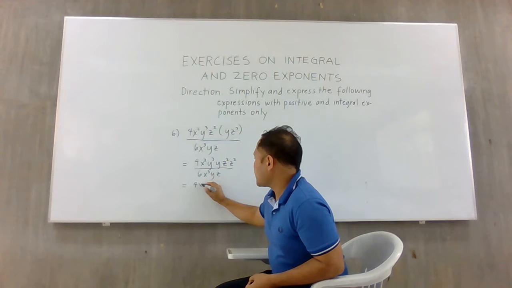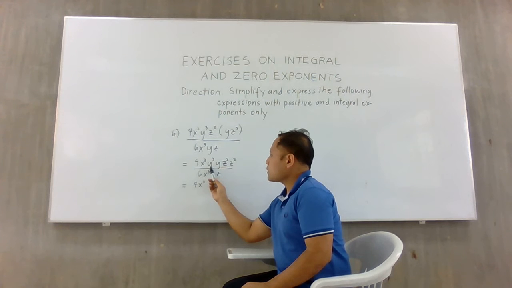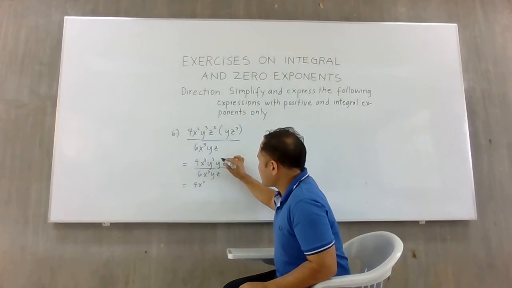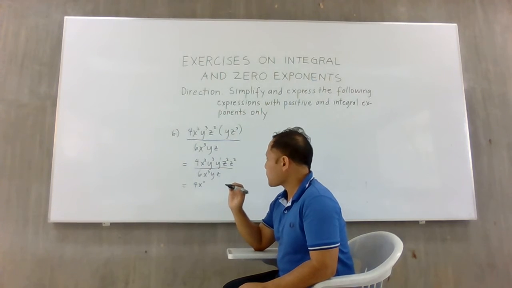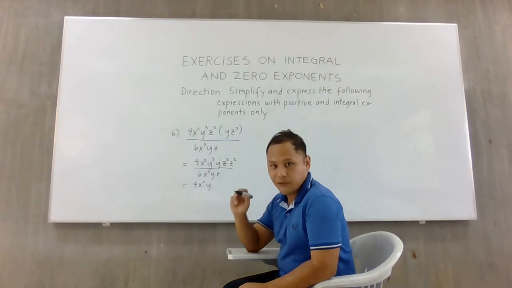So in the numerator we have 4 times x squared times. Alright. We are multiplying 2 terms with the same base but with different exponents. So y is understood to have 1 as exponent. Okay, so y, 3 plus 1, that is 4.